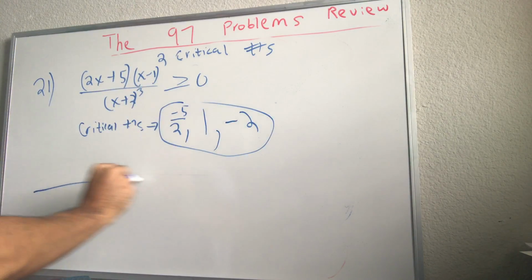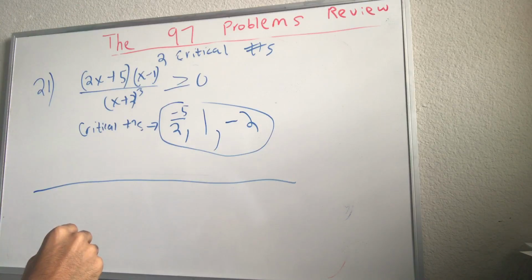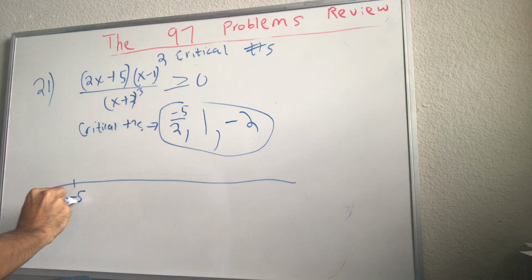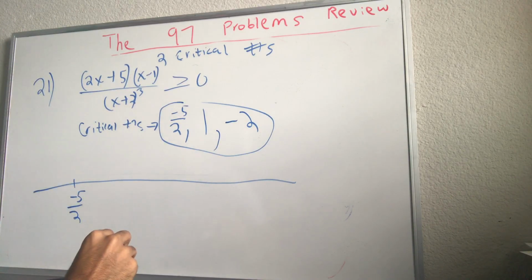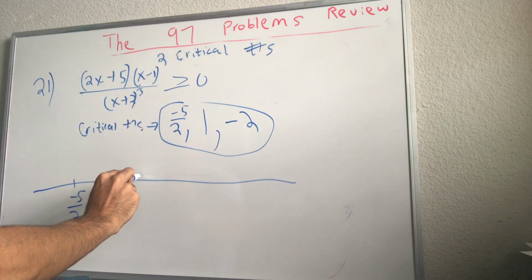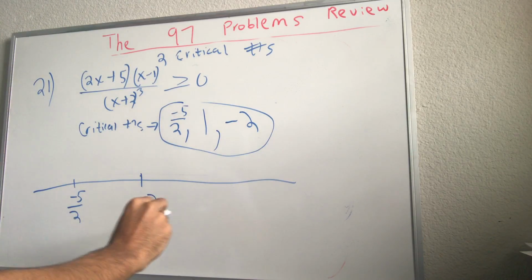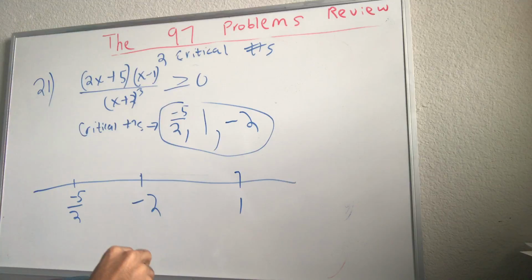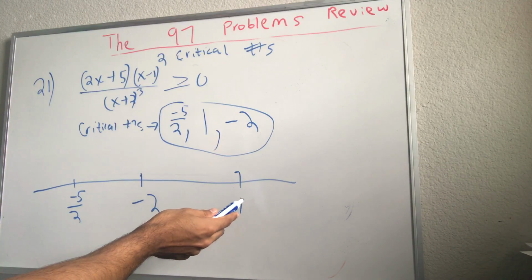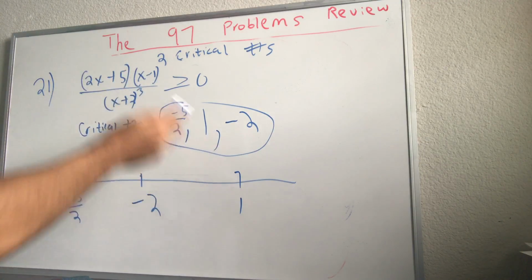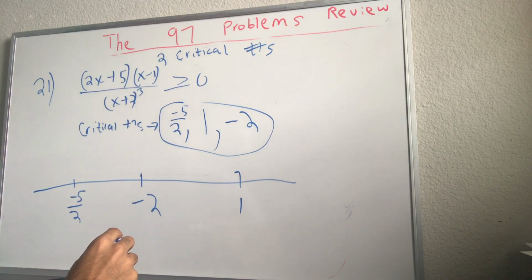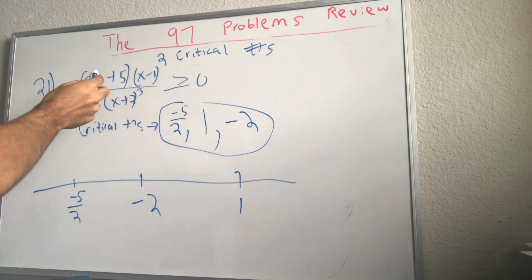Now let's put this across the number line over here. And so we have negative 2.5, or negative 5 over 2, and then we have negative 2 over here, and then we have positive 1 over here. And so looking at this, we can now take any value. So we can take, for instance, 2, and plug 2 back into this inequality, and we see that's just 9, so that's obviously positive.